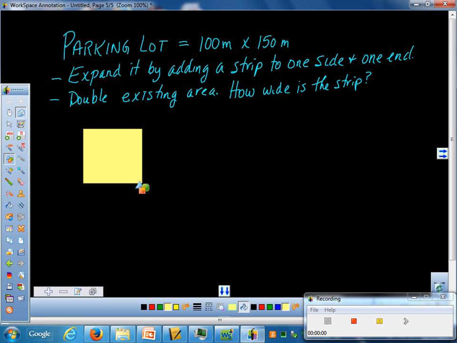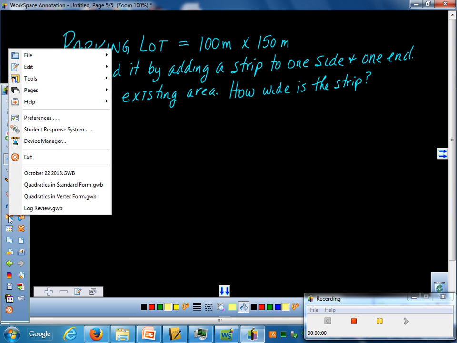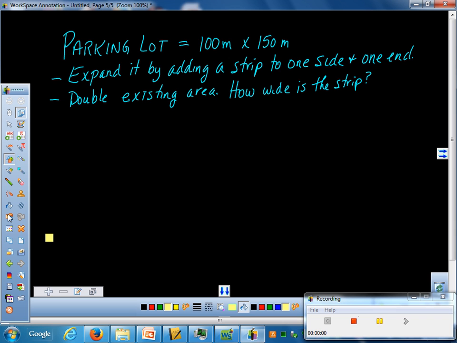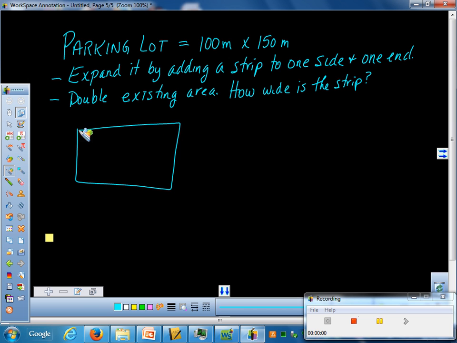So, ooh, whoops, that wasn't what I wanted. Wrong tool. Let's try that again. Okay, so it's a rectangular parking lot. Ooh, it went crooked. Is it crooked? Or is it me? I'll try a little better this time.